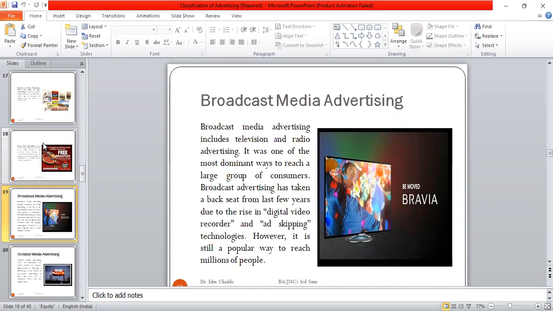It was one of the most dominant ways to reach a large group of consumers. This is a very popular method when you want to reach a large group of consumers. Broadcast advertising has taken a backseat in the last few years due to digital video recorders and ad skipping technology. However, it is still a popular way to reach millions of people.